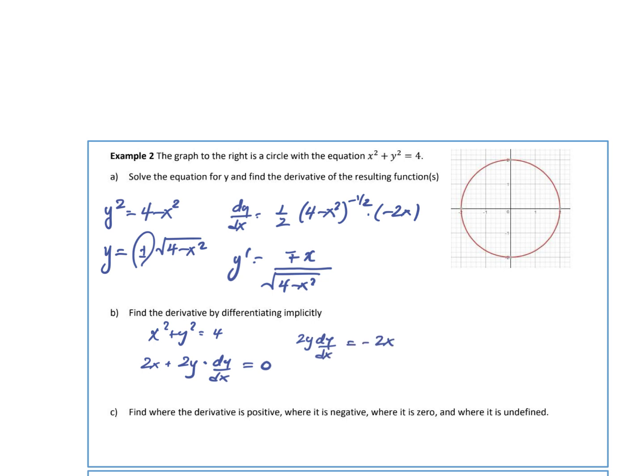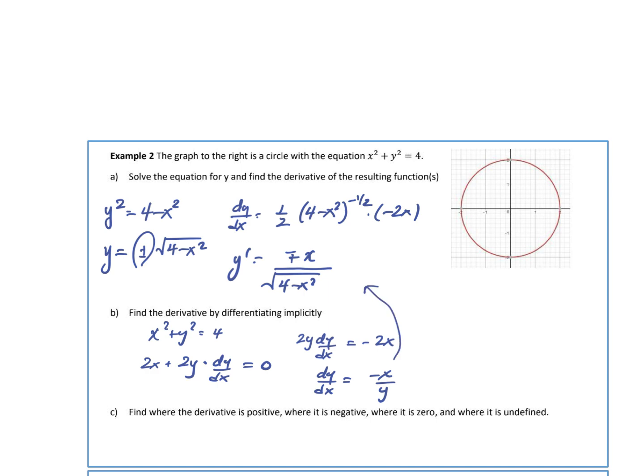I'm going to isolate the dy dx and divide by the 2y, so dy dx is negative x over y. Now that is the answer. When we do implicit, you usually can leave it like that. Like when we do equations of tangent lines, you're going to have to plug in both the x and the y point, not just the x point.